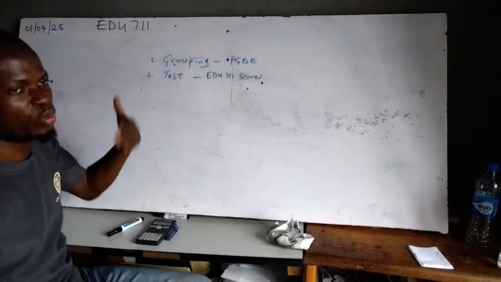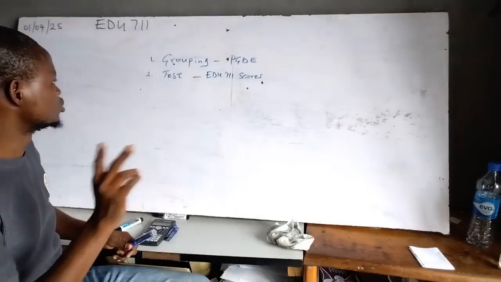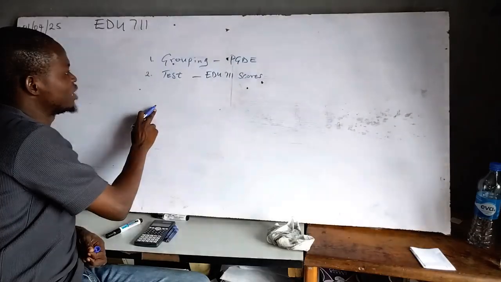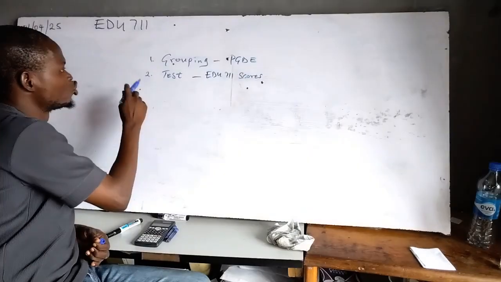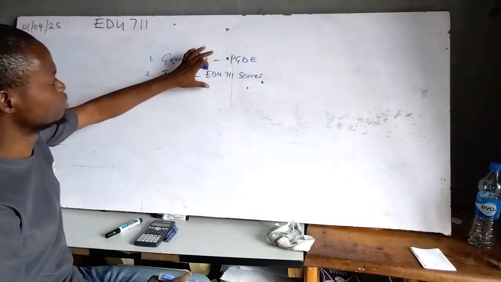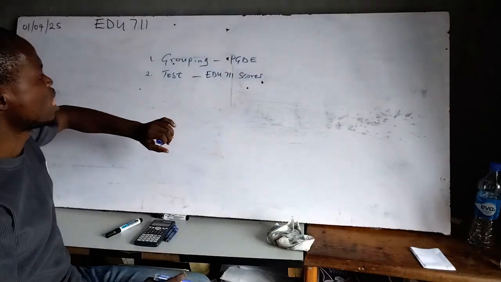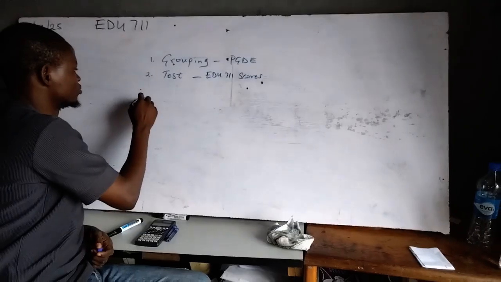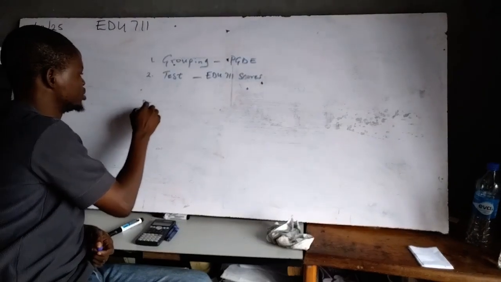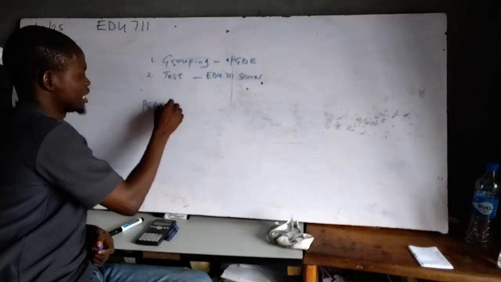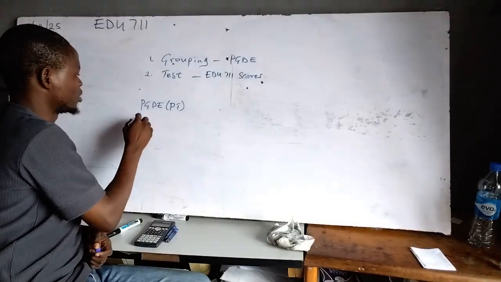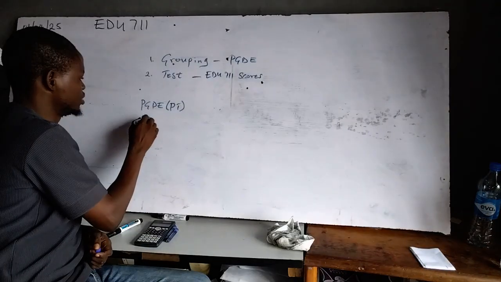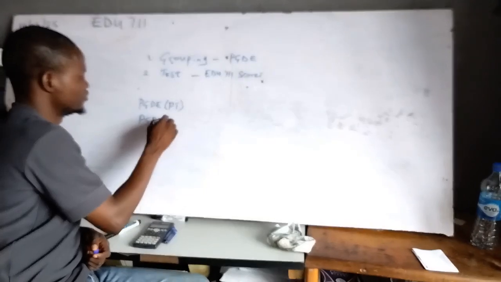So to determine which one to use, whether t-test or correlation, you have to take note of these two things. In a case where you have two groups, let's say we have PGDE part-time and PGDE full-time.